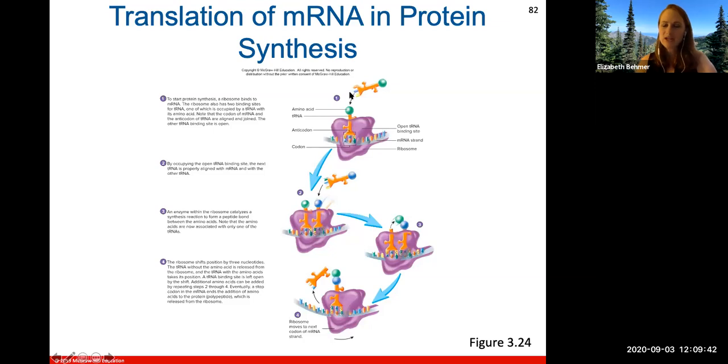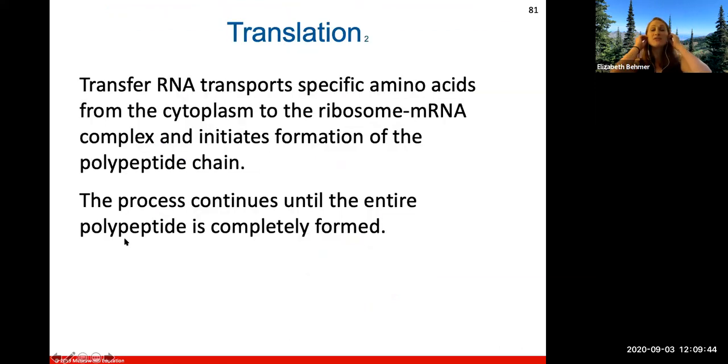But in translation, the transfer RNA will transport specific amino acids that the messenger RNA is coding for from the cytoplasm to that ribosome mRNA complex, and it'll initiate formation of the polypeptide chain. Polypeptide just means many amino acids in a line to create a protein, and the process will continue until the entire polypeptide or protein is formed.